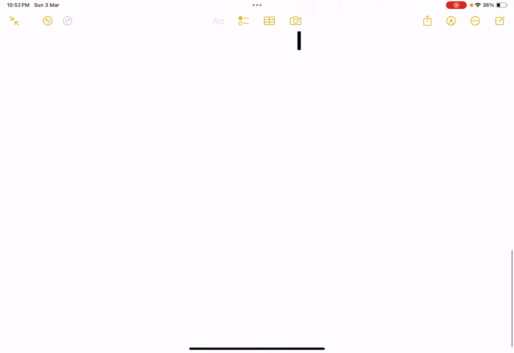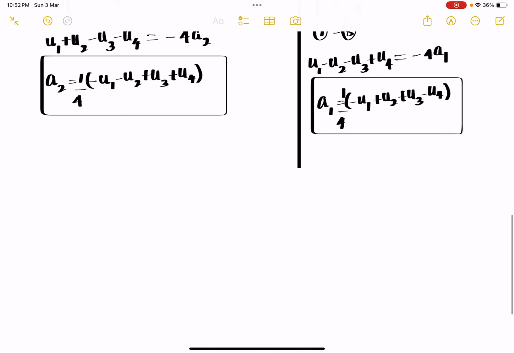So step number 3 is to substitute the value of A0, A1, A2 and A3 in the star equation.